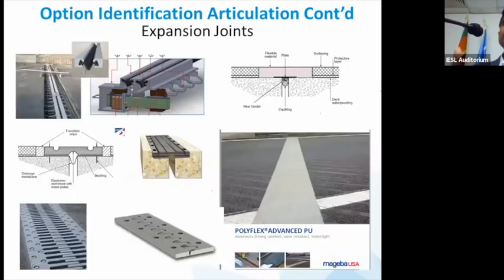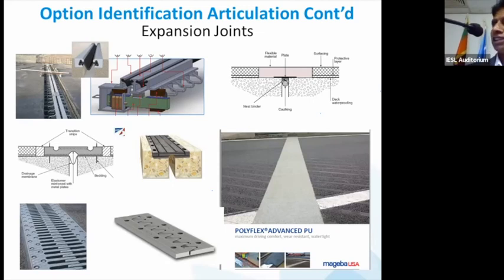Then option identification comes to expansion joints. I told you that the length of the bridge is very important, because the larger the length, the larger the movement. Now, if you go on the Central Expressway or the Outer Circular, you see that at certain intervals you have these expansion joints.